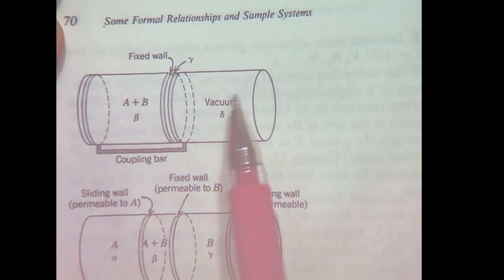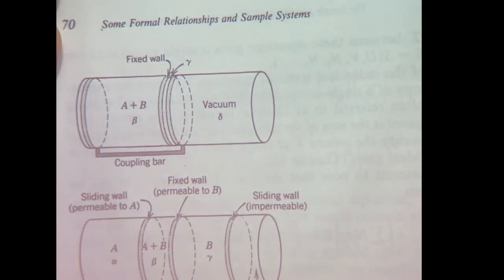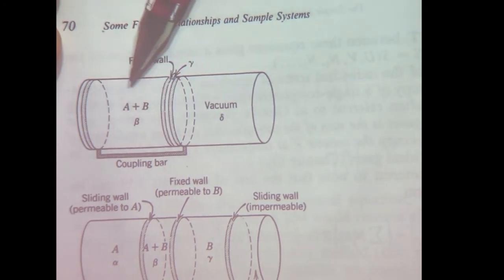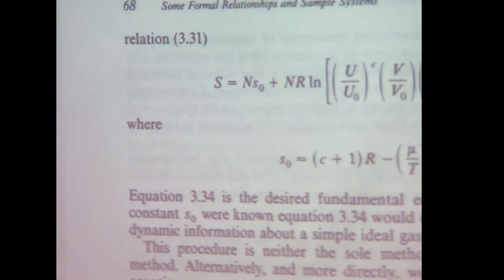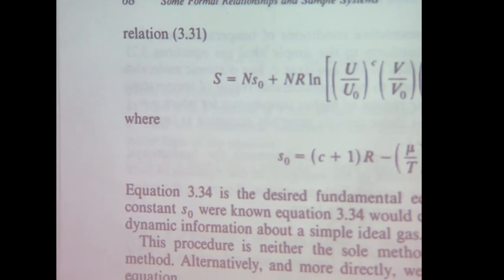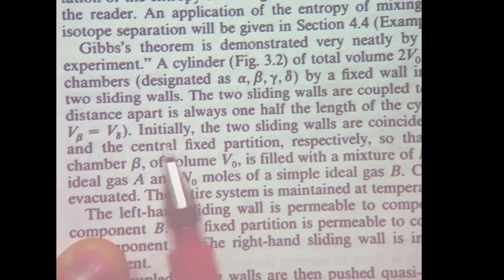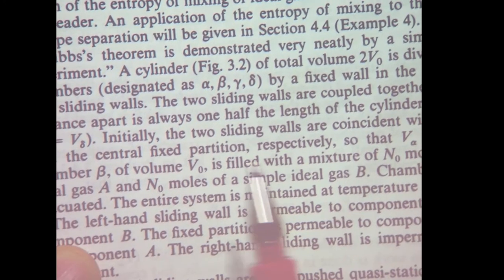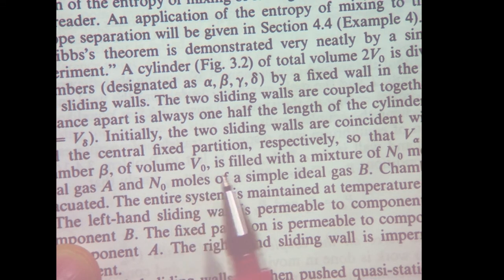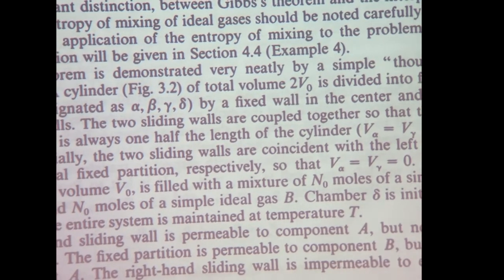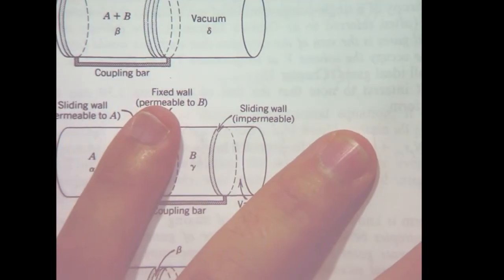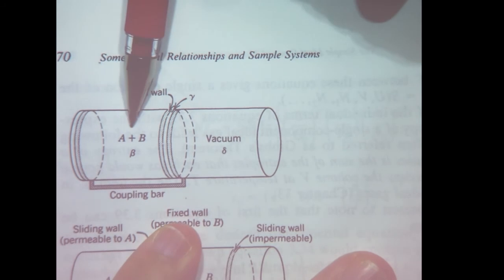You have a container here, and initially you have the same number of moles of two gases in it, just for argument's sake. We have two sliding walls, so V, N_0 moles of a simple ideal gas A, and N_0 moles of a simple ideal gas B.